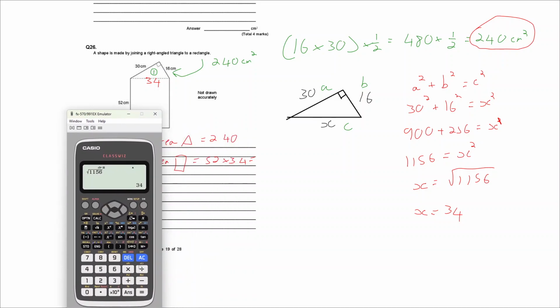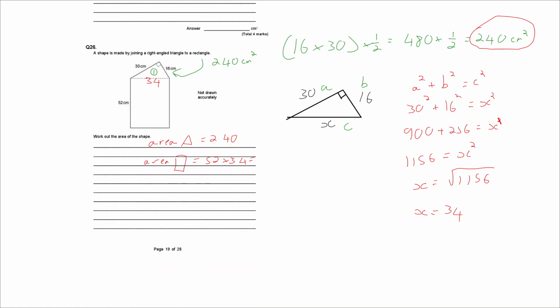So 52 multiplied by 34 gives you 1768. So for the total area, we're going to add those together, which is 240 add 1768, which is 2008, I think, 2008 centimeters squared. Let's double check the mark scheme there.